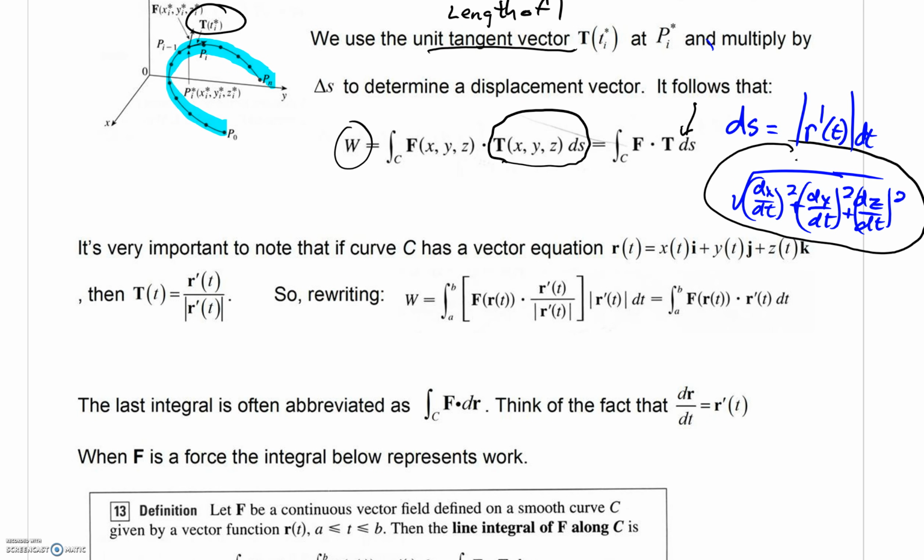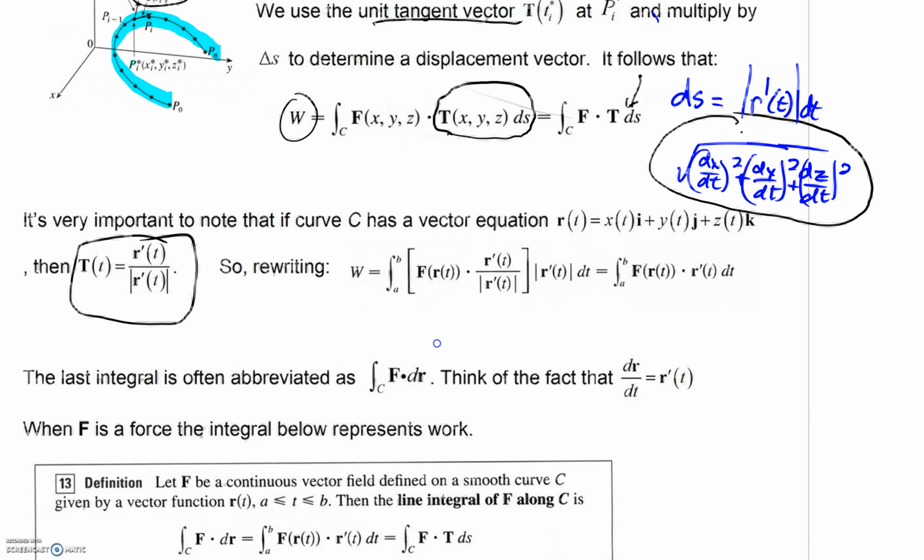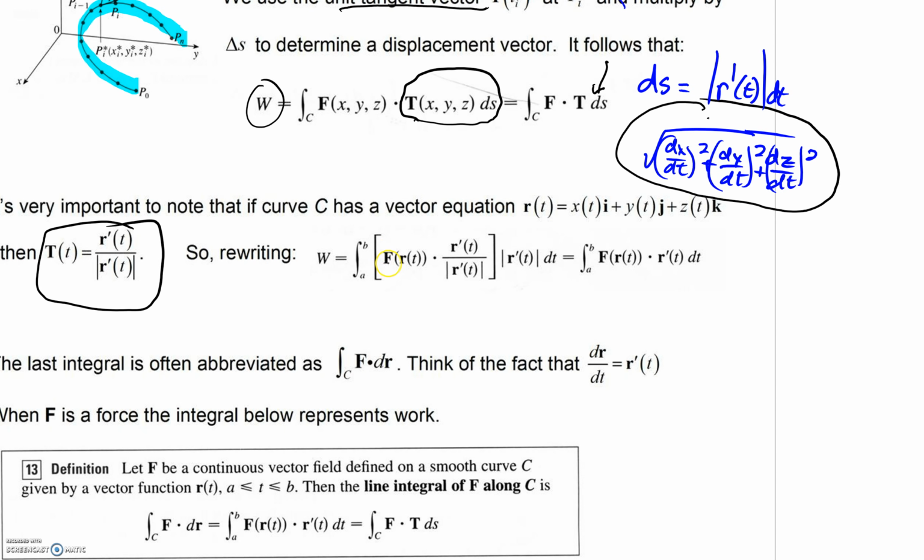First, remember, as a review from chapter 13, that a unit tangent vector was r prime of t divided by the length of r prime of t. That's how we always guaranteed that our length was 1. So we've got our force function, plugging in r of t, since we have a parametrization of that curve.